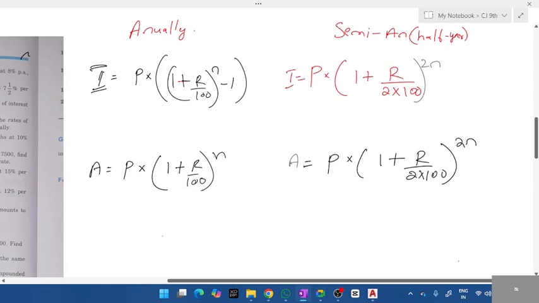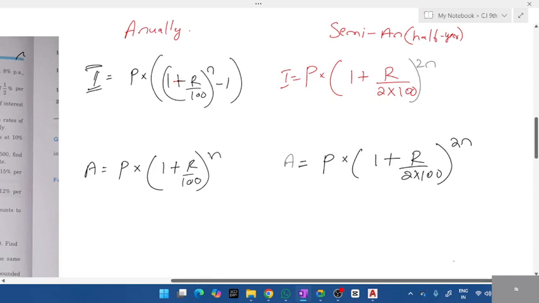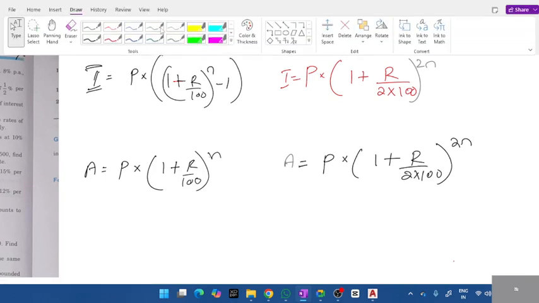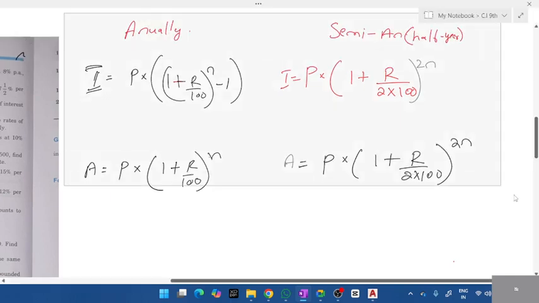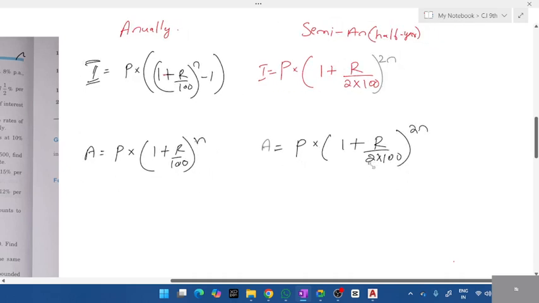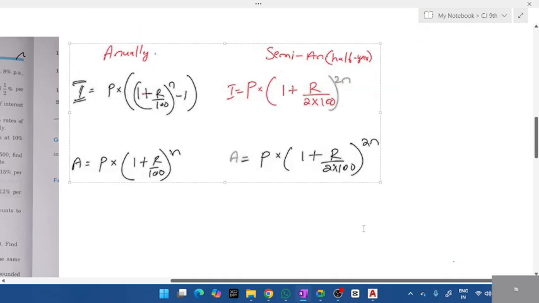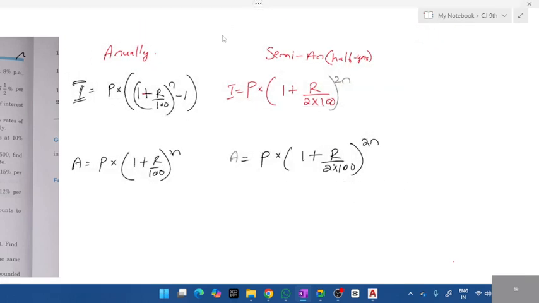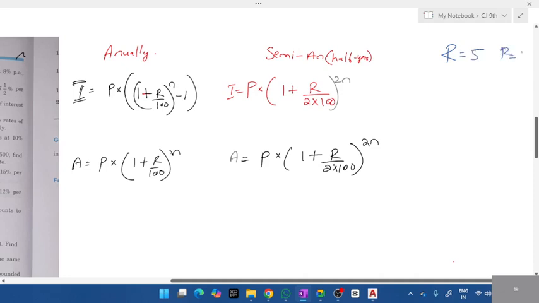If rates are different, how to solve? Let me take years. Let me take 2 years. Students, in 2 years, two different rates are given. R is 5%, R is 10%. How do you solve this?